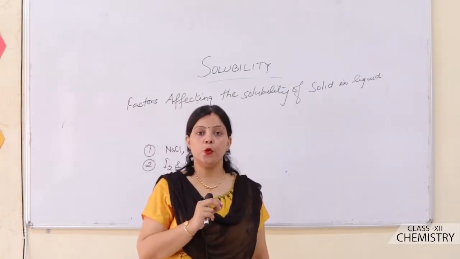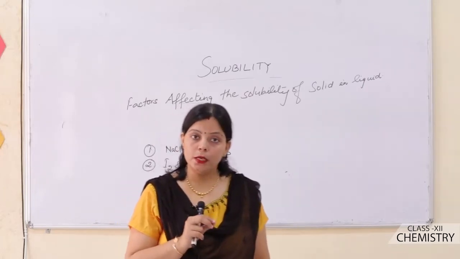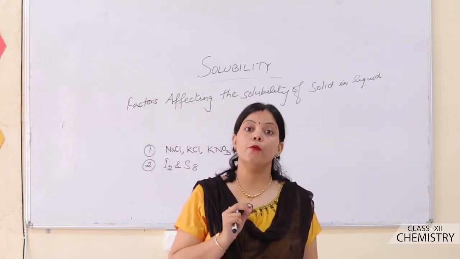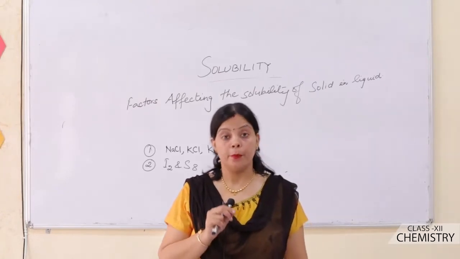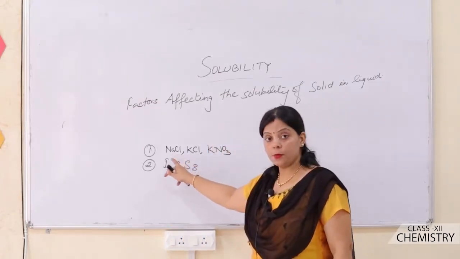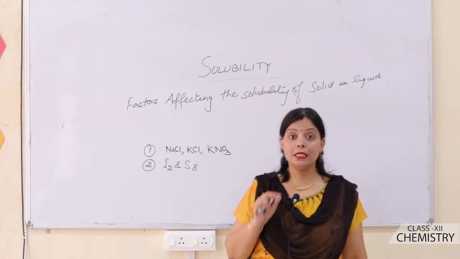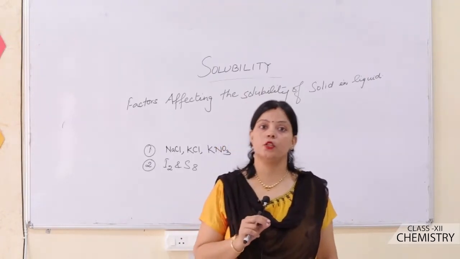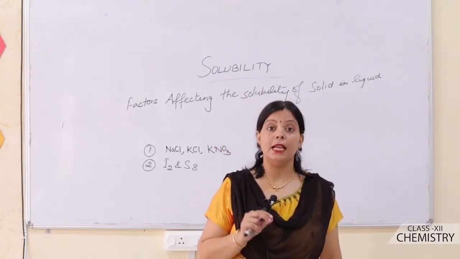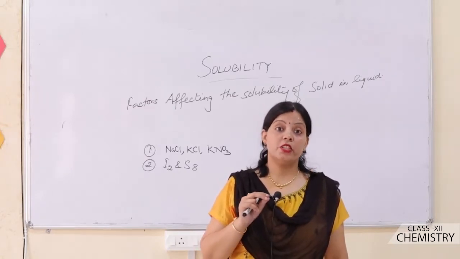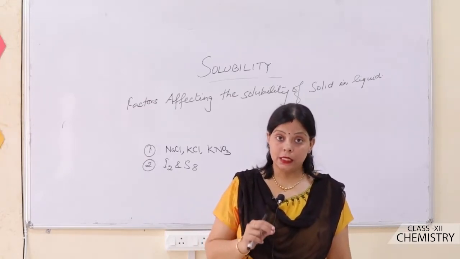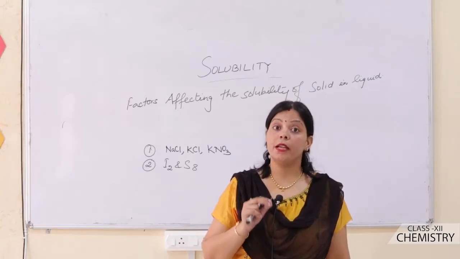These polar substances are soluble in a polar solvent like water. Water is a polar solvent, but these polar substances are insoluble in non-polar solvents. Non-polar solvents are like benzene, carbon tetrachloride, ether, and carbon disulfide.